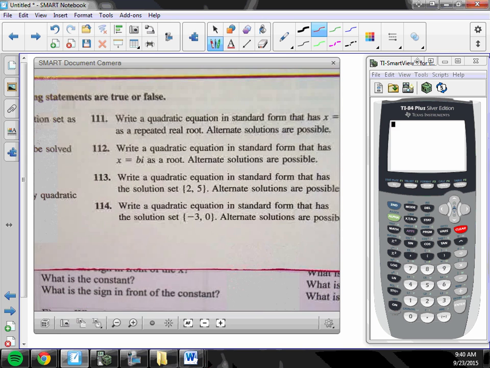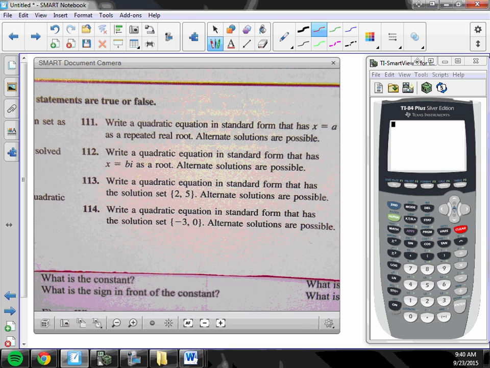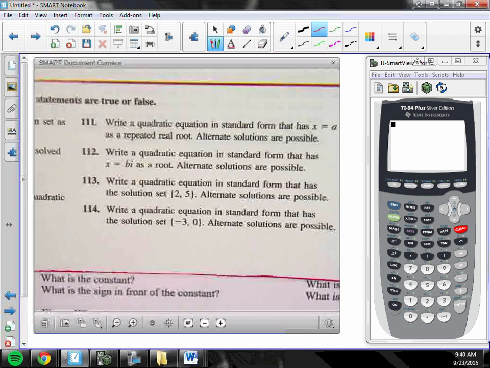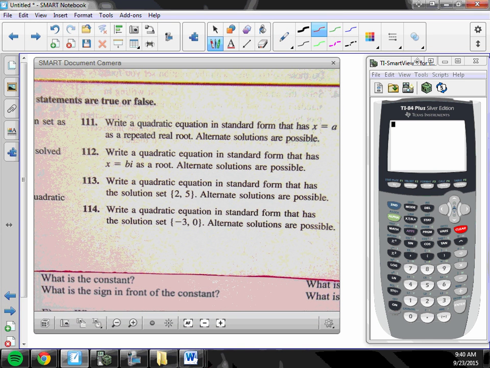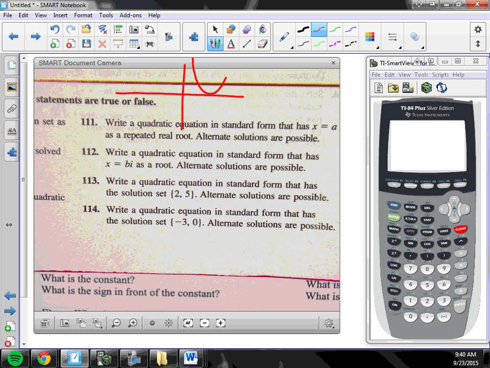111. Write a quadratic equation in standard form that has x equals a as a repeated real root. What is a repeated real root? What does it mean to have a repeated real root? 2 and 2, so it's a twice. So it's going to come down and hit at a.